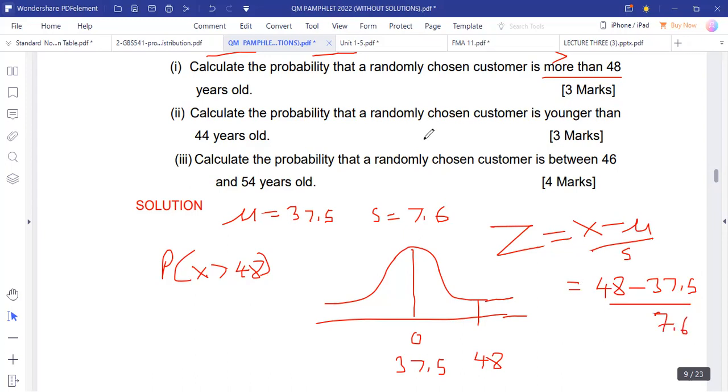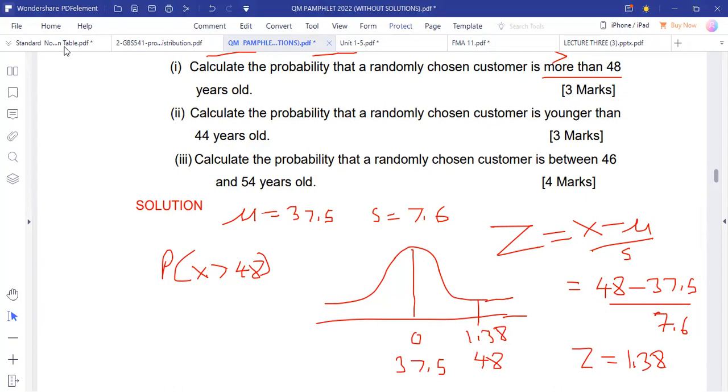Okay, so this is what you said, right? Yes, sir. So what was the z? 1.38. So what do we do with the 1.38? We read that number on the tables.